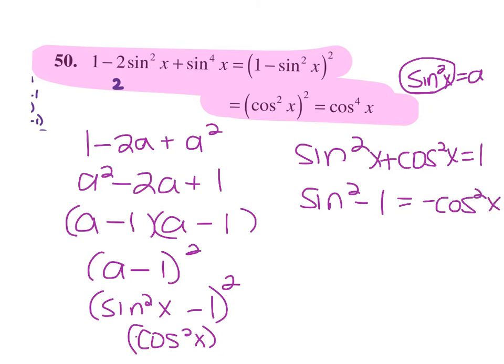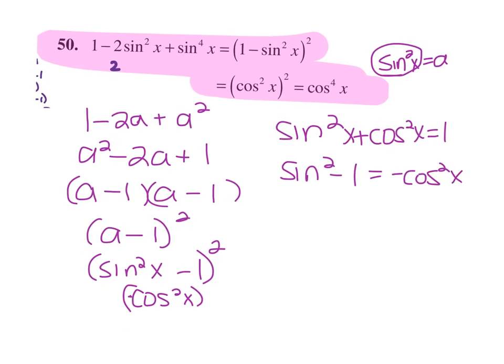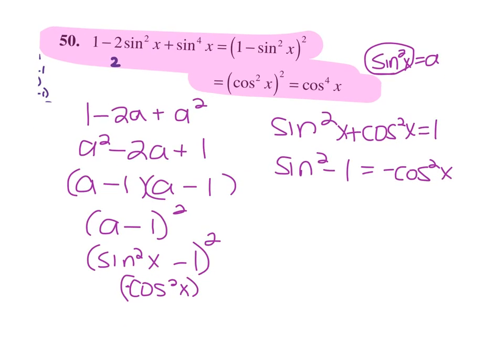So this would be negative cosine squared, but cosine is an even function, which means that negative can go back positive, or you're squaring it. Either way, it would go back positive because it's squared. So negative cancels out, and then cosine squared squared would be cosine to the 4th.